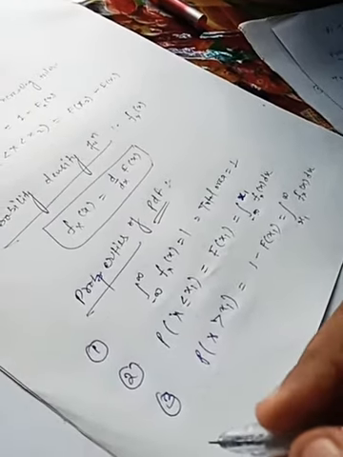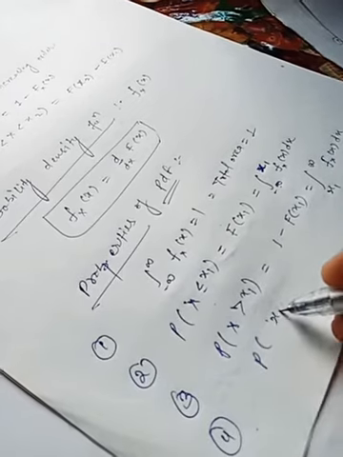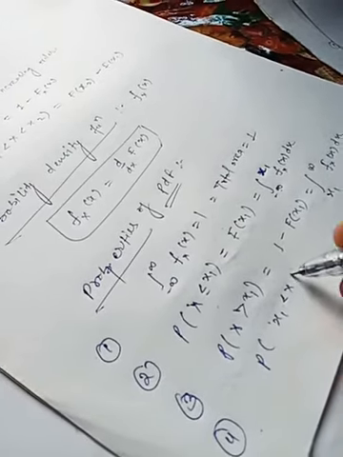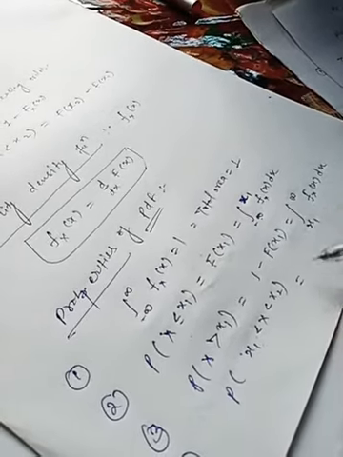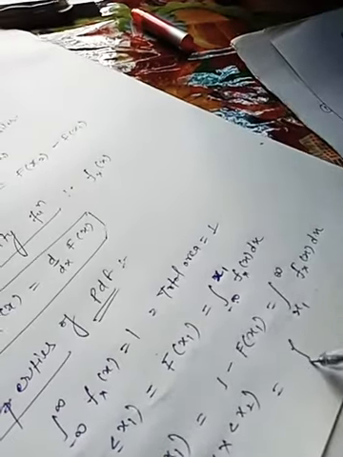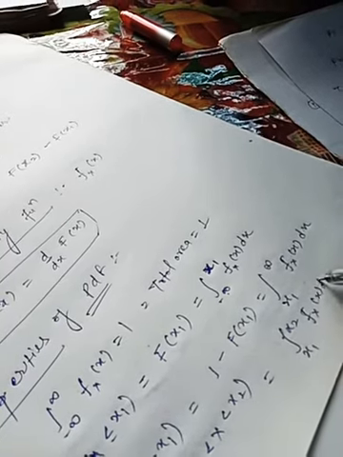Fourth, probability x1 to x2 is the integral from x1 to x2 of small f of x dx.